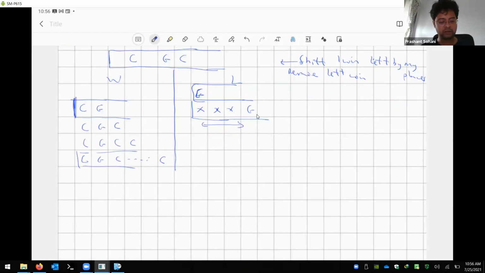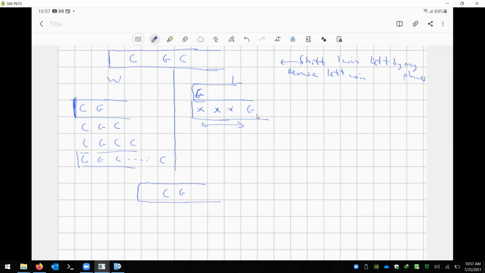Now let's go to a position where there is one gap: empty space followed by C and G. Can you tell me whether this position is winning or losing? Again, the definition of a winning position is that if you reach that position, the other person has to play and you are guaranteed to win. So is this a winning position?